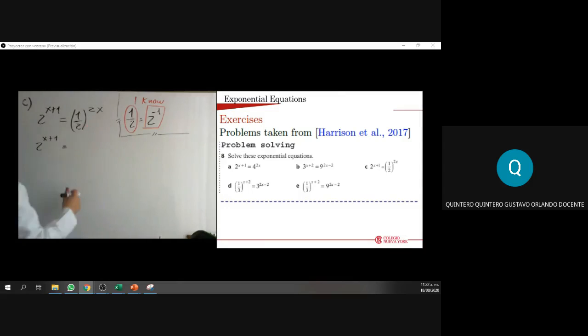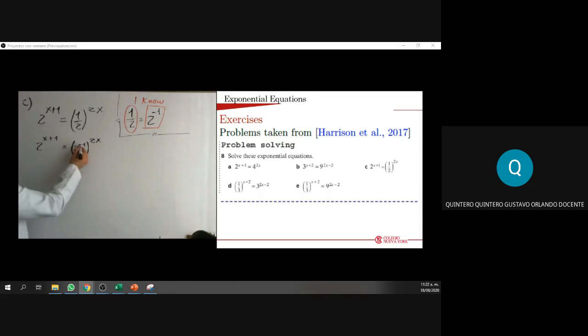And in here, the 1/2, I'm going to change into a 2 to the negative 1. Did you see? That is 1/2, but the 1/2 is being elevated to 2x. So all I have to do is write it down. That's it.